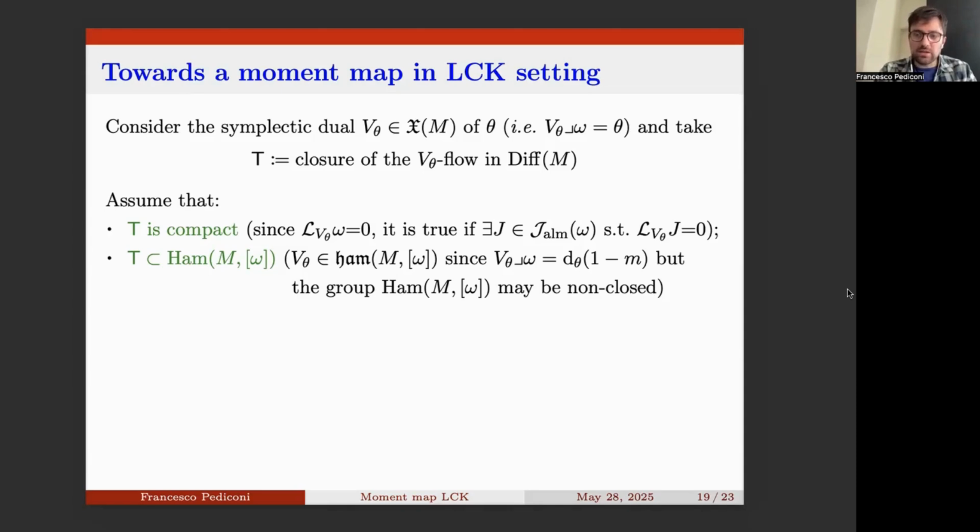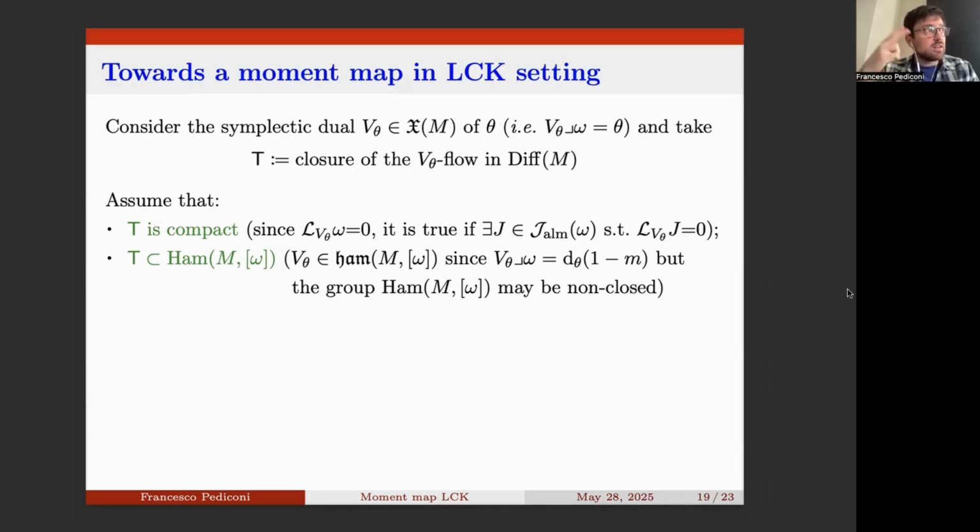So by the Myers-Steenrod theorem, T is going to be a closed subgroup of a compact group of isometries. So in this case T is compact. This is a geometric property that can assure you that T is compact.